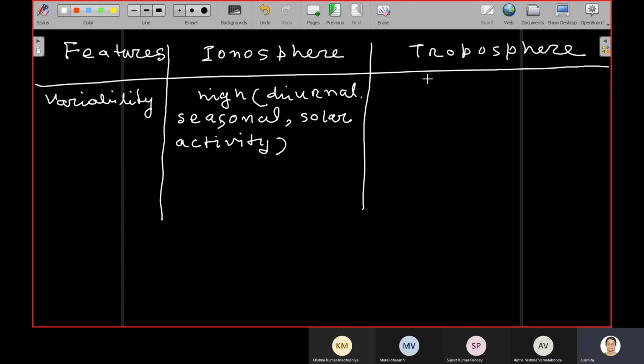And then there could be a variation depending on latitude and longitude as well. On the other hand, the troposphere has comparatively low variability due to meteorological parameters, due to the wet component, which depends mainly on the meteorological parameters.